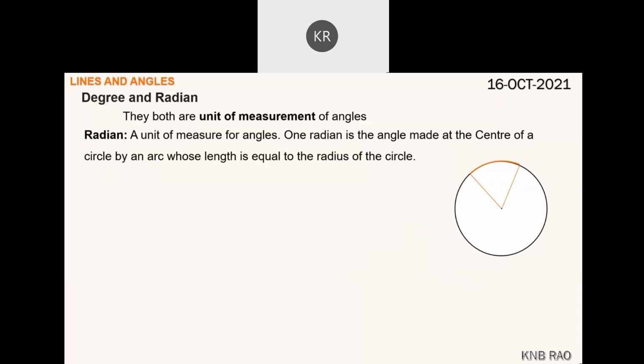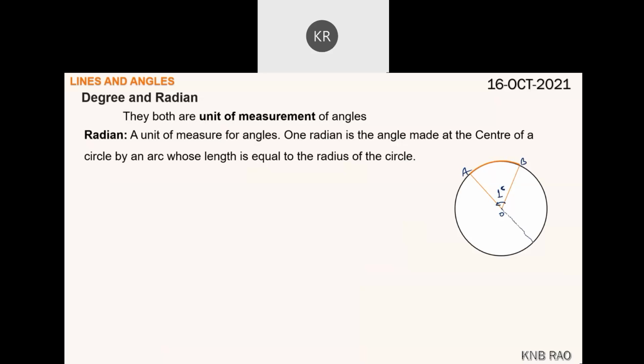See, it is the angle between this OA and this OB. This is called 1 radian. Radians are shown with a superscript c. It's 1 radian.